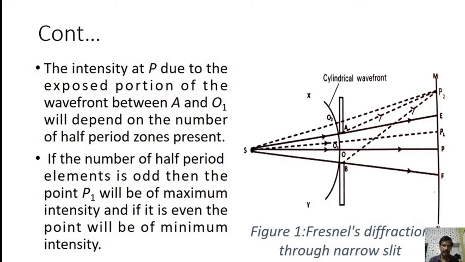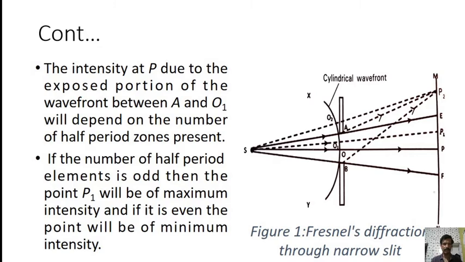Now, the intensity at P1 due to the exposed portion of the wavefront between A and O1 will depend on the number of half-period zones present.